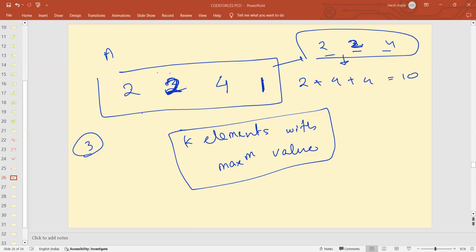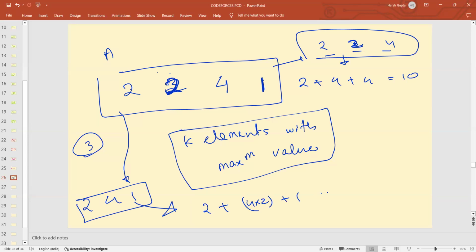But just think, if I had taken a subsequence like 2, 4, 1, then the value of function f would have been 2 plus 4 into 2 plus 1, which is 11. So which one is better? Taking the k maximum elements or not taking the k maximum elements? Which one was better?